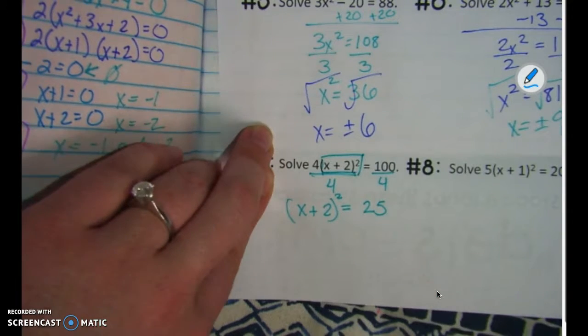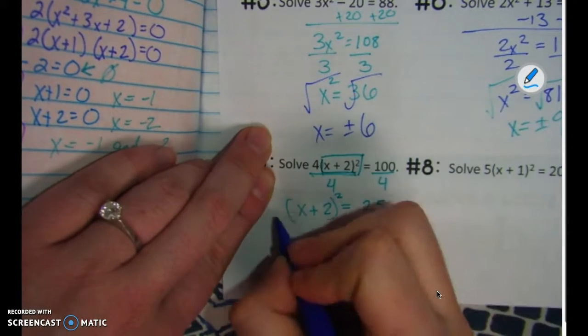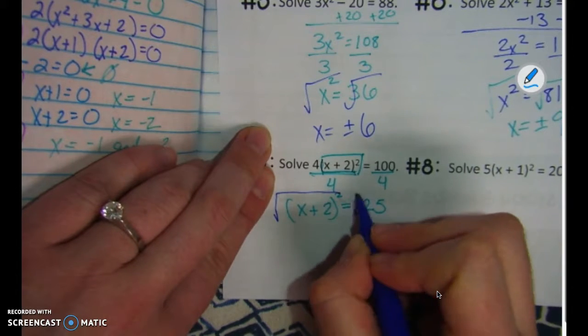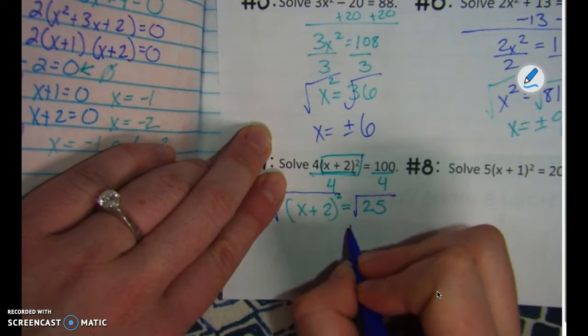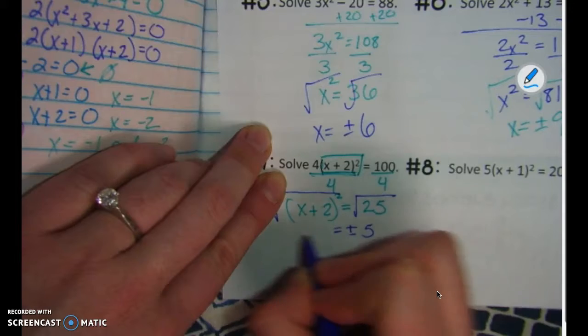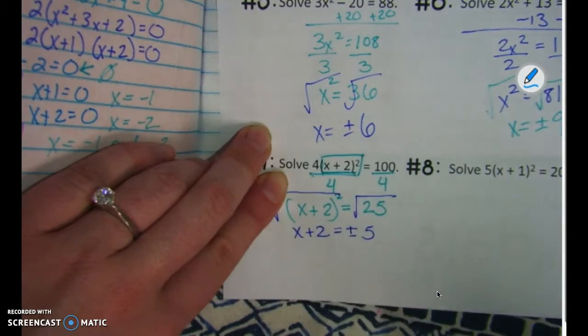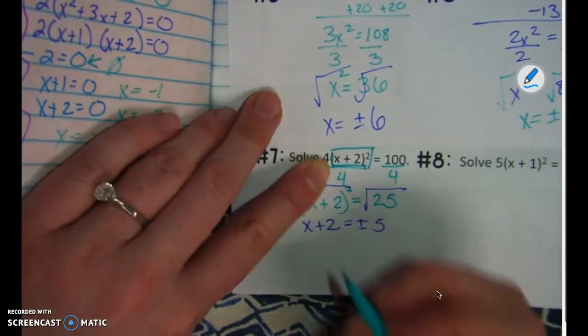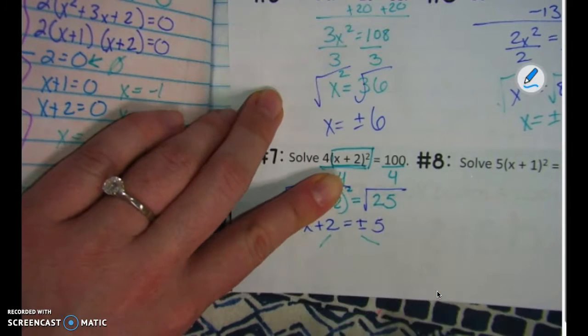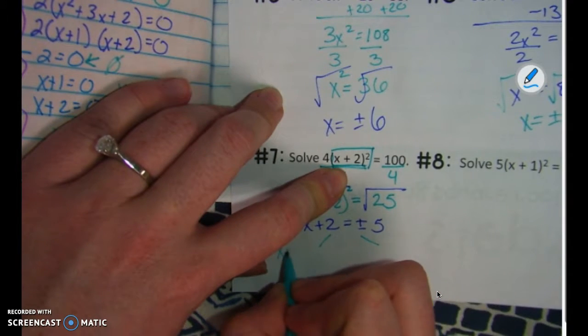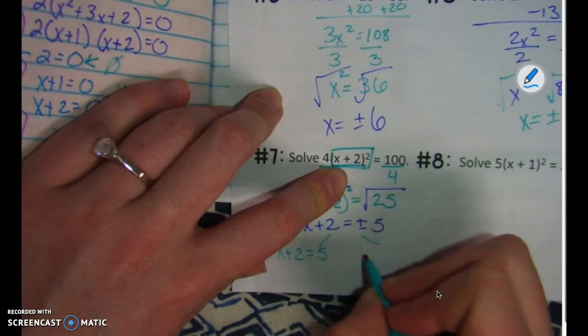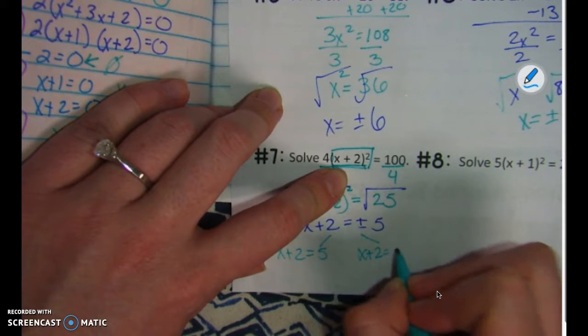Okay. And then to get rid of the square, we're going to take the square root. So I'm going to have plus or minus 5 equals x plus 2. So now I have to set this up into two different problems. I have to have x plus 2 equals 5 and x plus 2 equals negative 5.